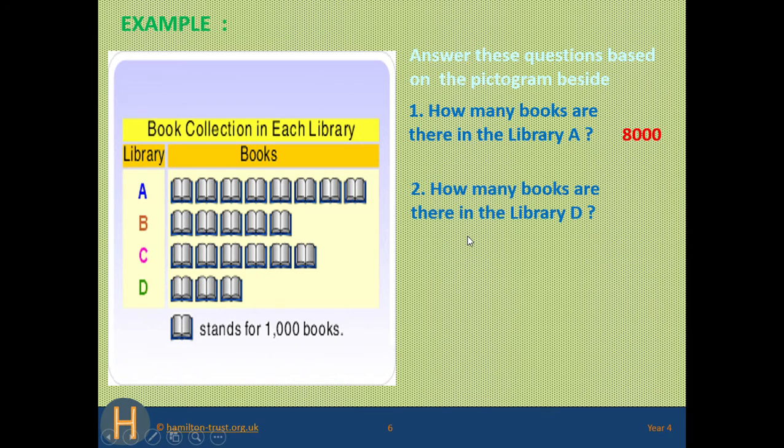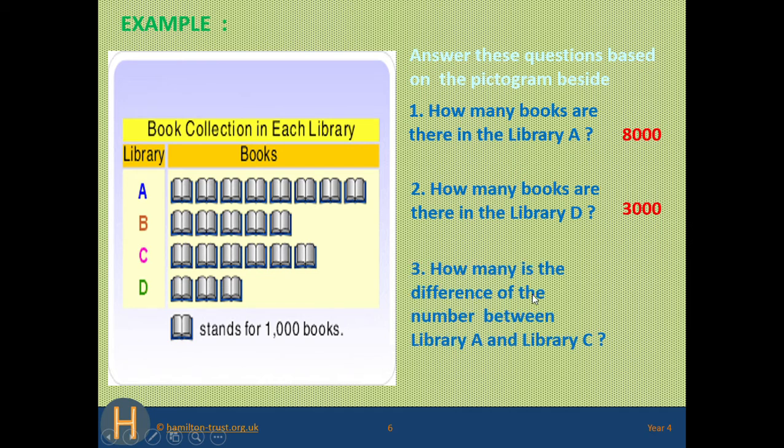Ya. Oke, number 2. How many books are there in the library D? Berapa banyak buku yang ada di perpustakaan D? And what's the answer? The answer is, okay, good. 3,000 books. Ada 3.000 buku. And the last question, how many is the difference of the number between library A and library C?